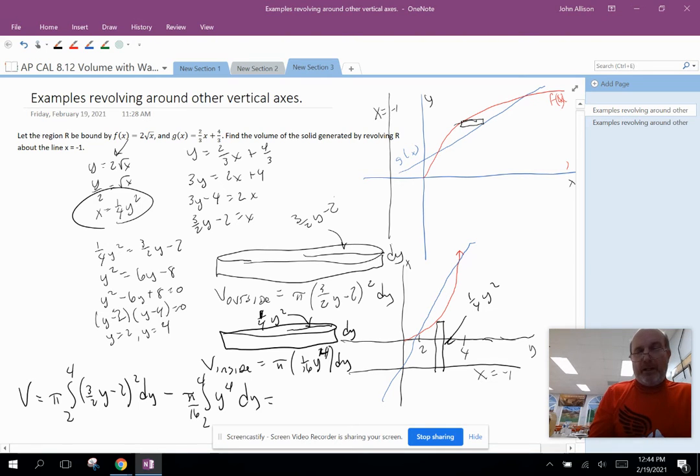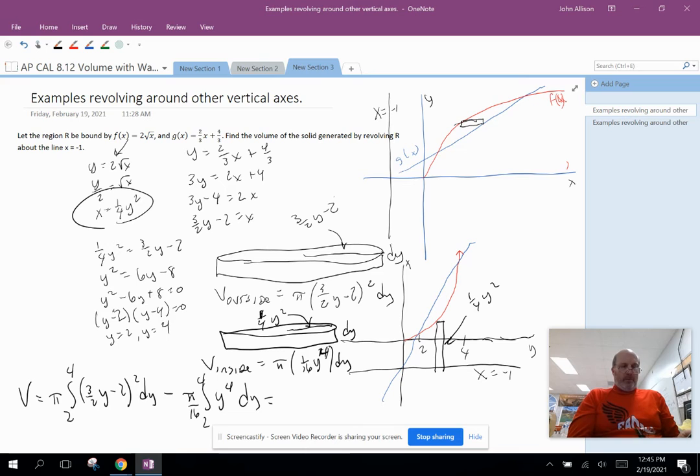We could integrate this by hand, but I really don't have room here, so I'm going to just type this in the calculator. We'll do the first integral. So I'm going to do math 9, integral from 2 to 4. And I'm going to open these other parentheses inside like we always do.